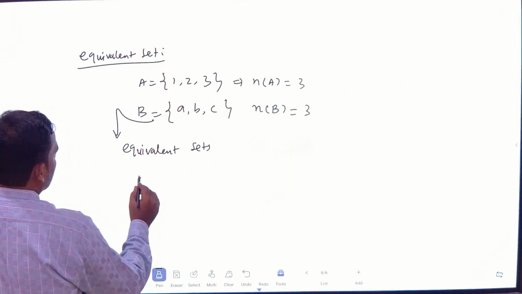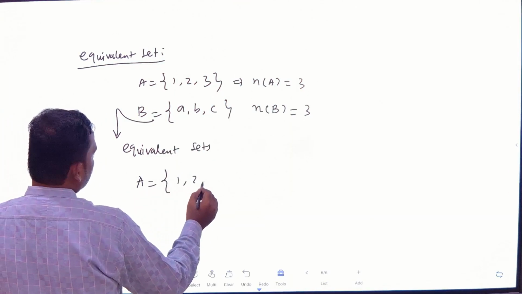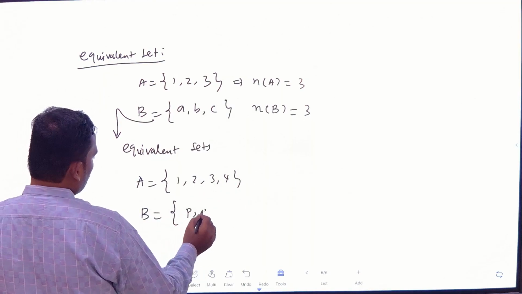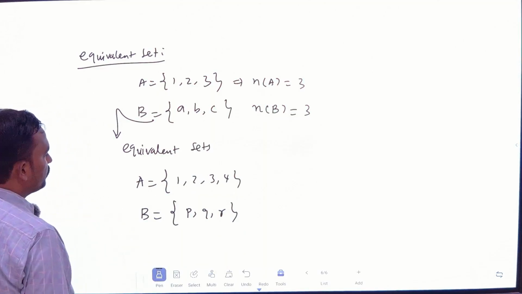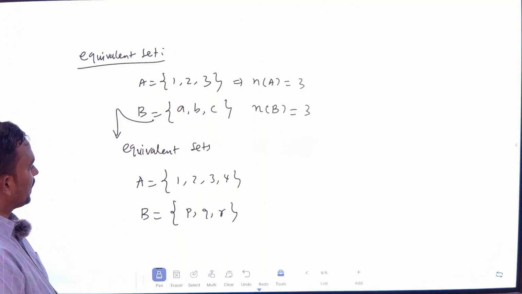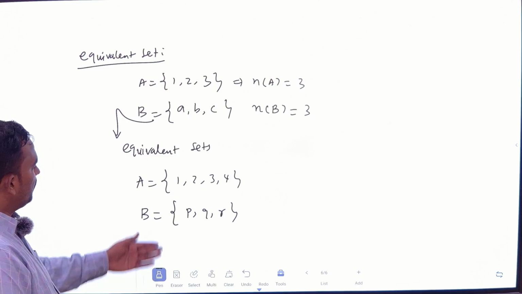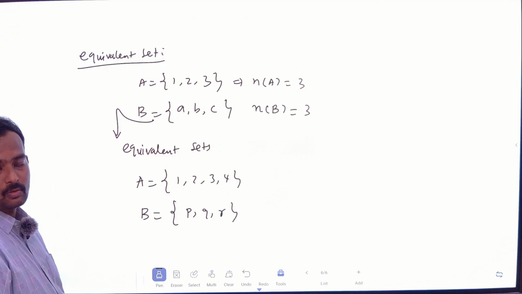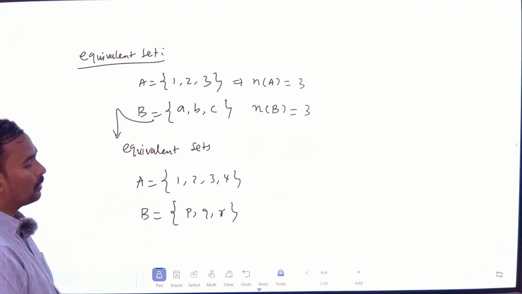Okay, let's take one example. A is 1, 2, 3, 4. Let's take B is equal to {P, Q, R}. Are these two sets equivalent sets or not? No. Why? Because here 4 elements are there, here 3 elements are there. Cardinality is not the same. Therefore, it is not an equivalent set.